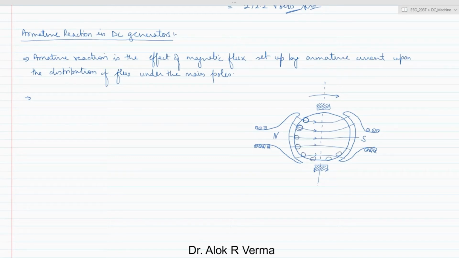So this is how the main pole magnetic flux distribution will be in case of a machine. This is the main pole magnetic flux distribution.